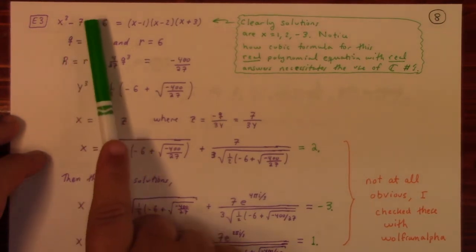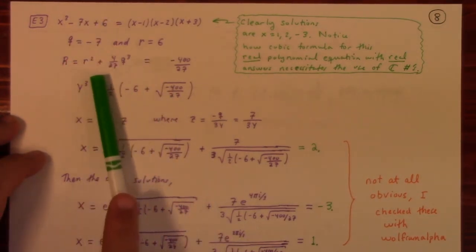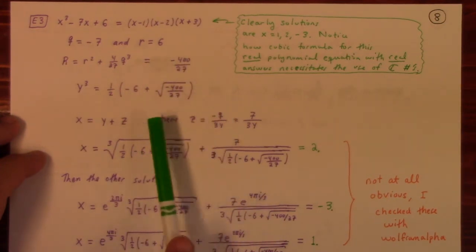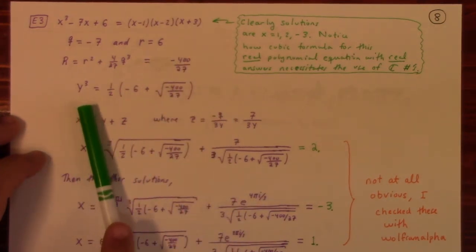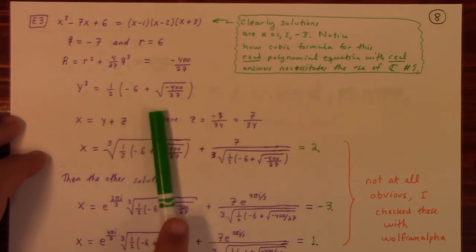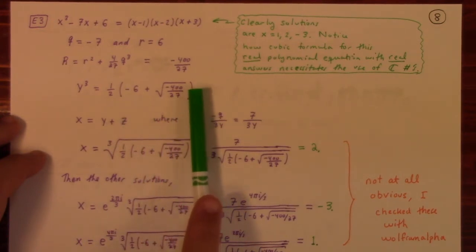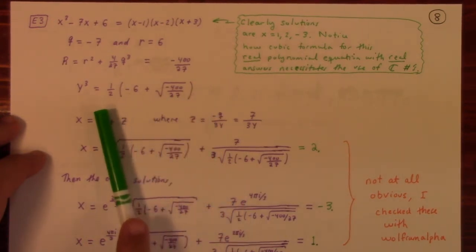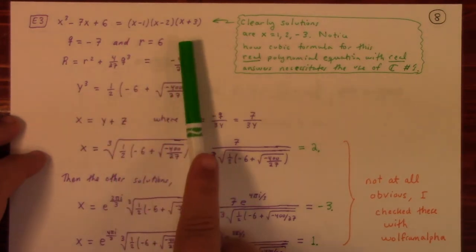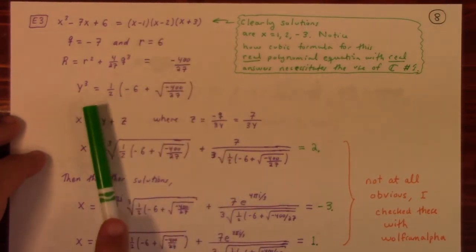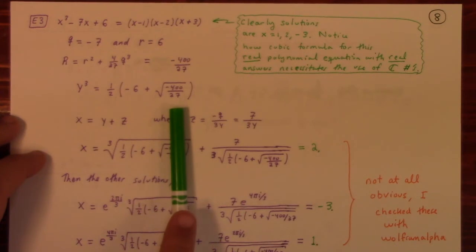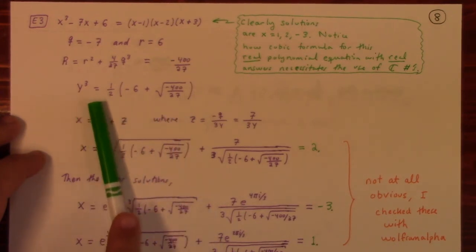Identify q as minus 7, r is 6, so the big R ends up being minus 400 over 27, which means we face y cubed is 1/2 of minus 6 plus the square root of minus 400 over 27. Again, check this out. This is a problem with real solutions, and yet the cubic formula necessitates the use of complex numbers. See that? Right there.